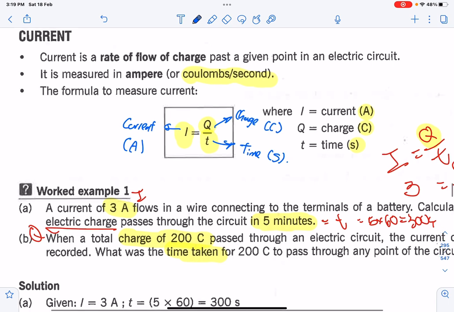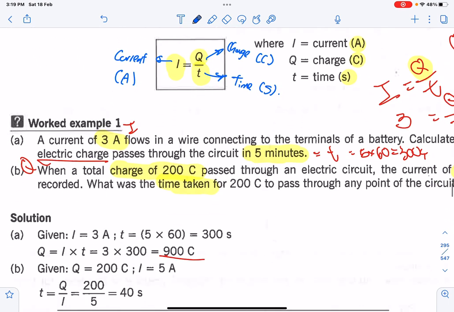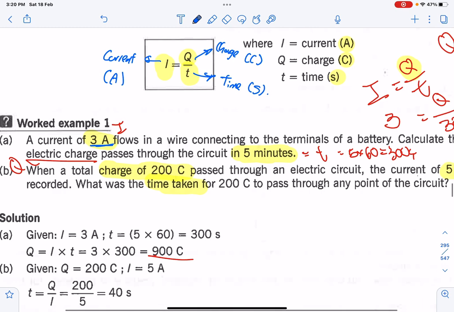So let's look at the first example. Over here, we see a current of 3 ampere. What I usually do is indicate what kind of item each number refers to. In this case, 3 ampere refers to a current, and it flows in a wire connecting the terminals of a battery. Calculate the electrical charge that passes through the circuit in 5 minutes.